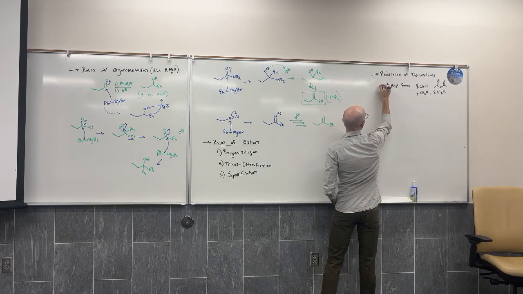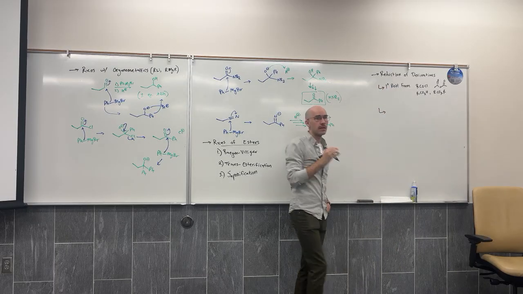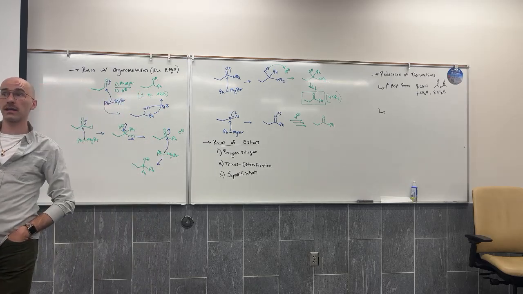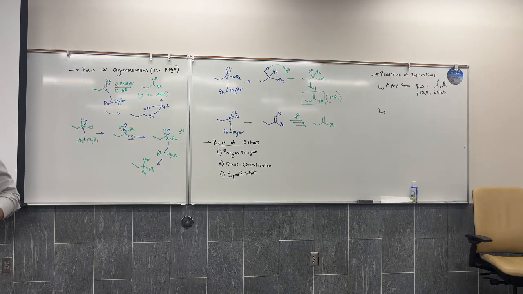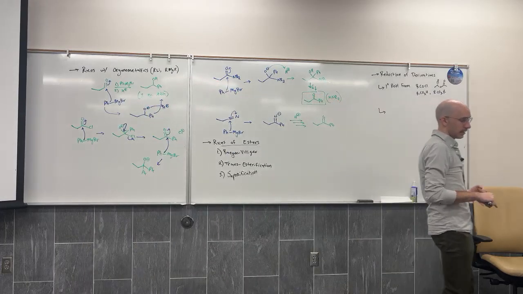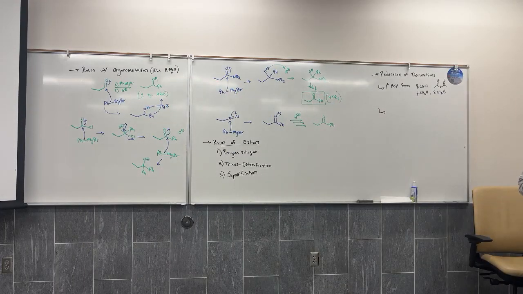But as it turns out, that C-N bond is very hard to break. So when we reduce a nitrile or an amide, we get an amine. We don't get an alcohol.